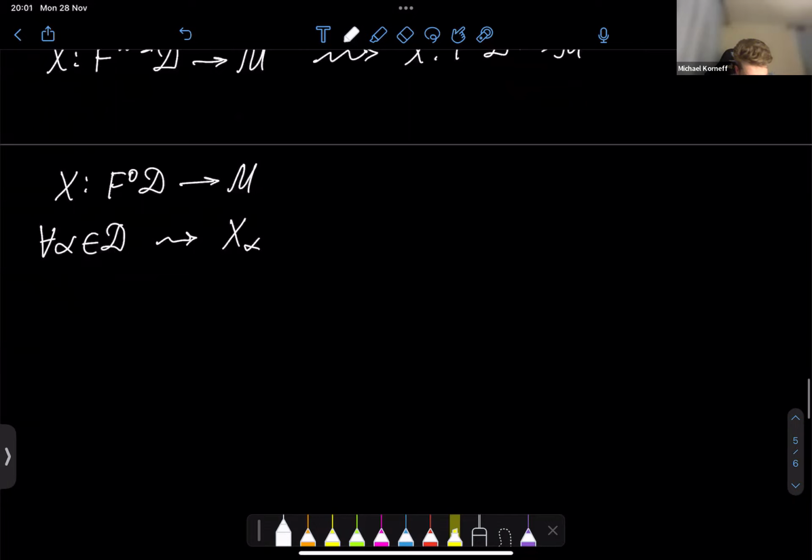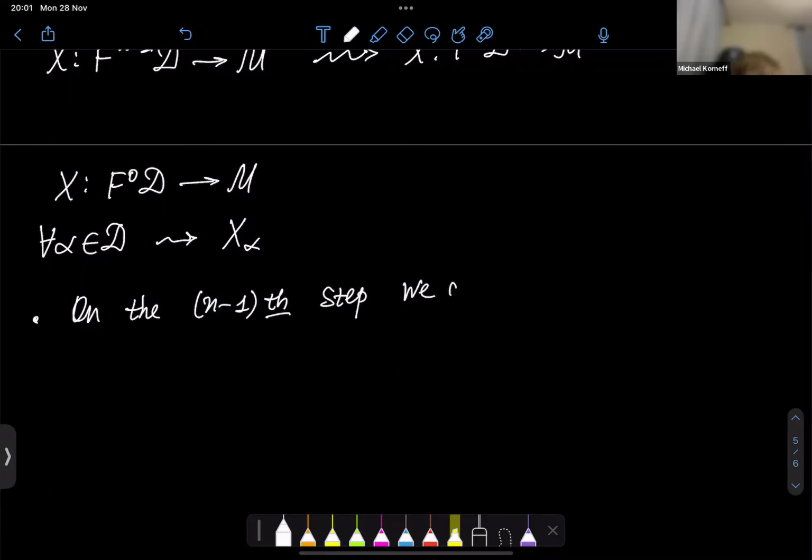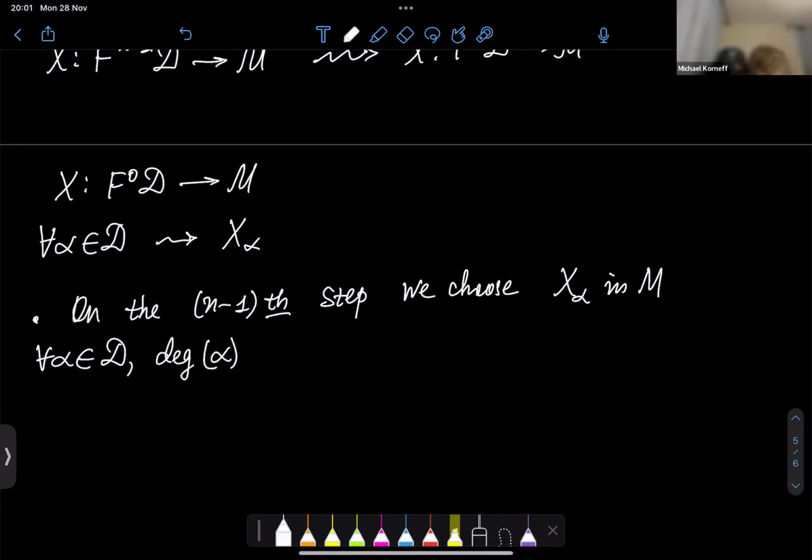Suppose that on the n-1 step, we choose an object x alpha in M for any alpha from D with a degree n.